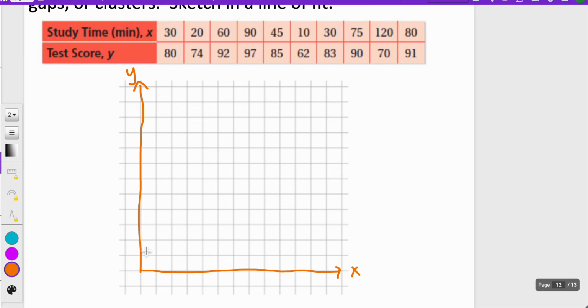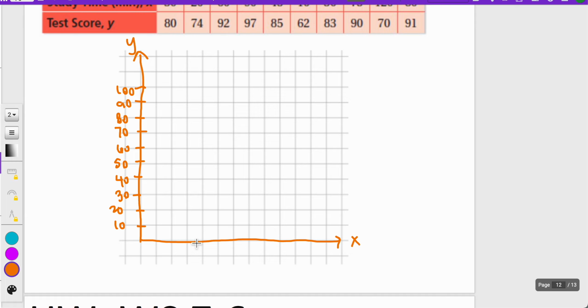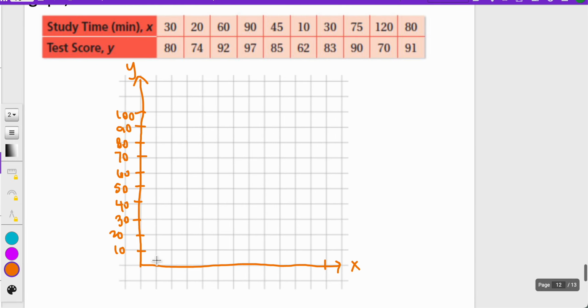Our Y's all the way go up to 100, so 10, 20, 30, 40, 50, 60, 70, 80, 90, 100. And then our study time goes up to 120, 10, 20, 30, 40, 50, 60, 70, 80, 90, 100, 110, 120. That'll be perfect. So I'm going to count up by 10s here as well.